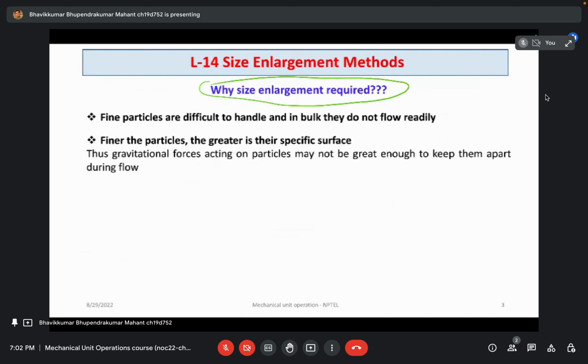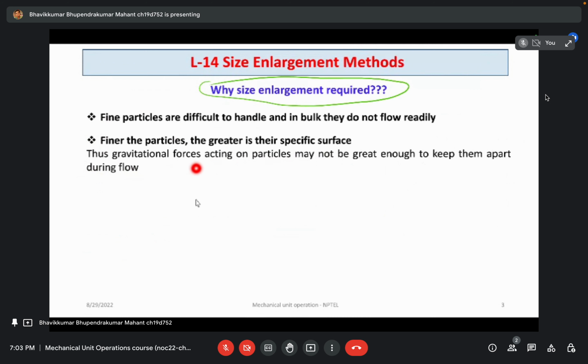Definitely when we talk about fine particles, they are very difficult to handle because their density and other physical properties are such that they cause some difficulty in handling, and they cannot flow easily. The finer the particles, the greater is their surface area, and particles with more surface area are very difficult to handle. Why?